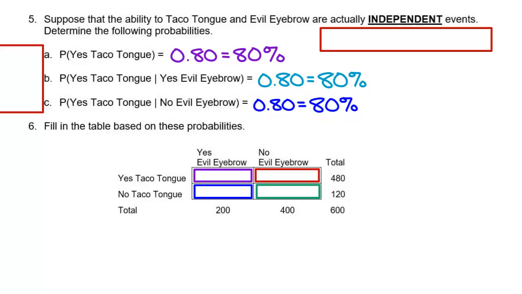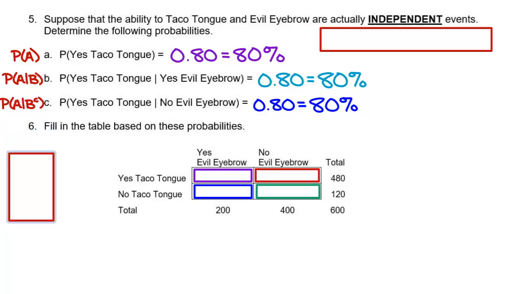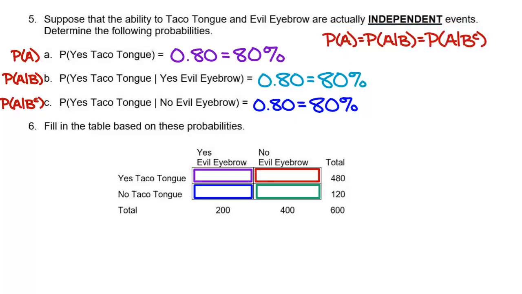If these events really are independent, all of those percents will be the same. If my event A, A given B, and A given B complement are all exactly the same, if those are all equal percents, then the events are independent.